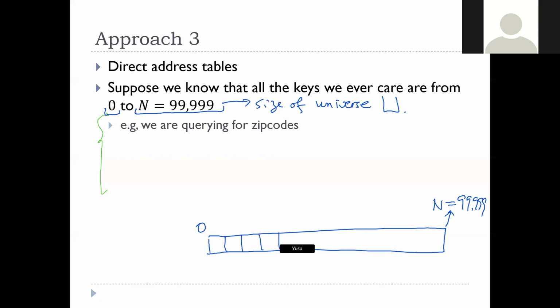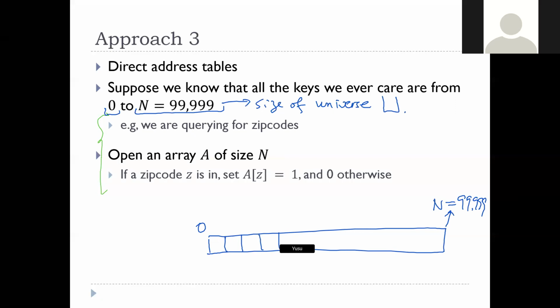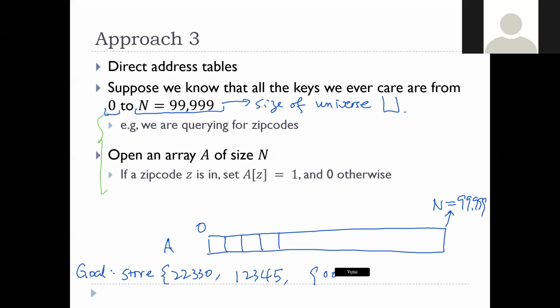For every zip code you give me, let's say this is array A, let's say you want to store zip codes 22330, 12345, and 90000. Let's say you want to store these 3 zip codes.